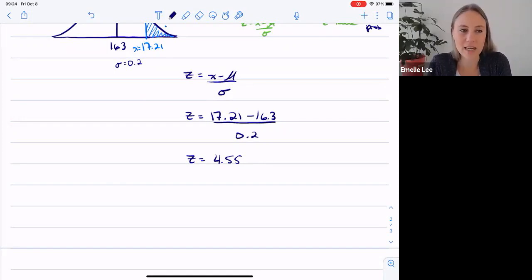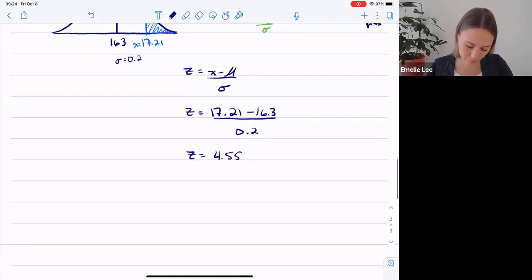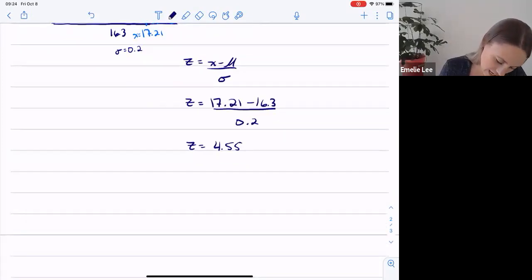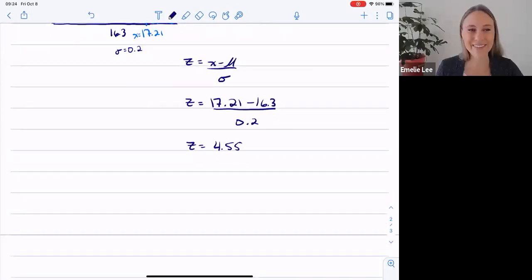Well, it means that 17.21 is 4.55 standard deviations above the mean, right? So we can always interpret the Z score as a number of standard deviations above the mean or below the mean if it's negative.